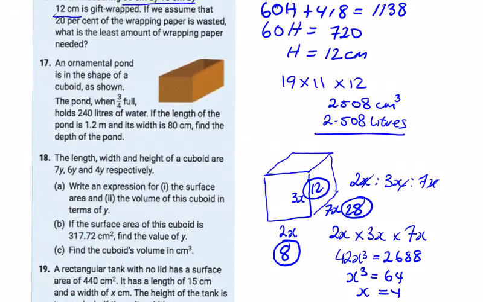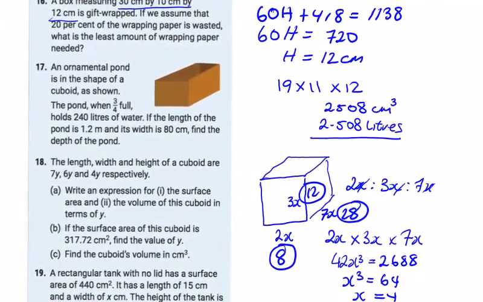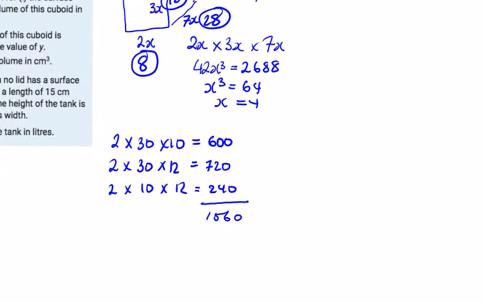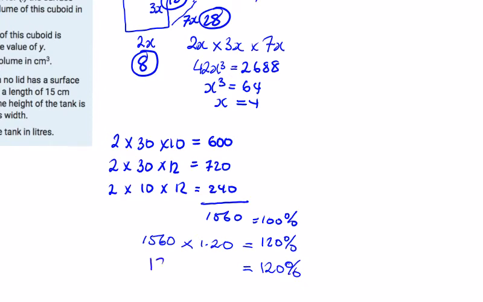What's the wastage? 20%. So 20% is wasted, so then this is equal to 100%. So to get 120%, we multiply 1560 by 1.2. That'll give us 120%. So 120% would be 1872, which is what we need.